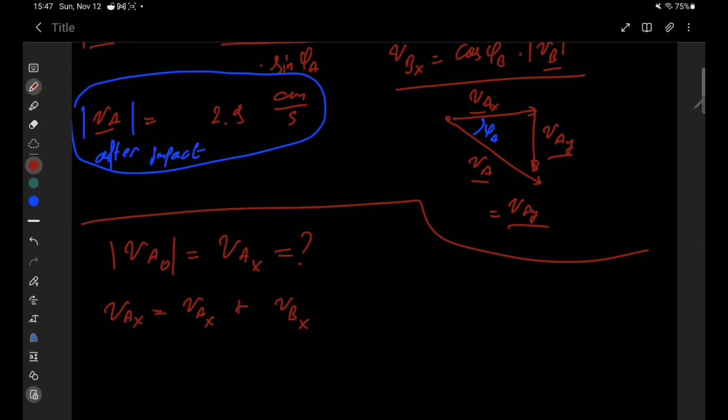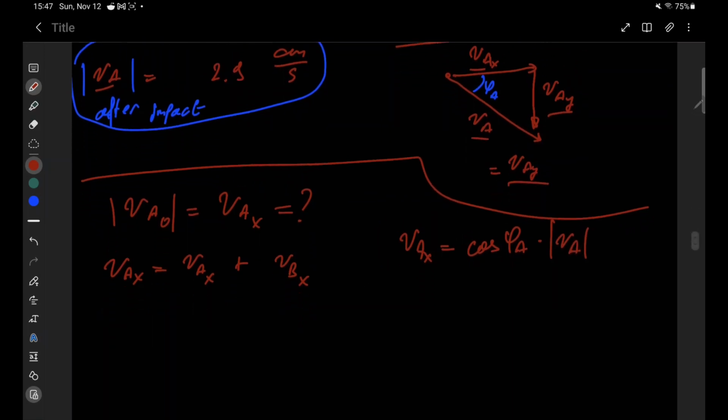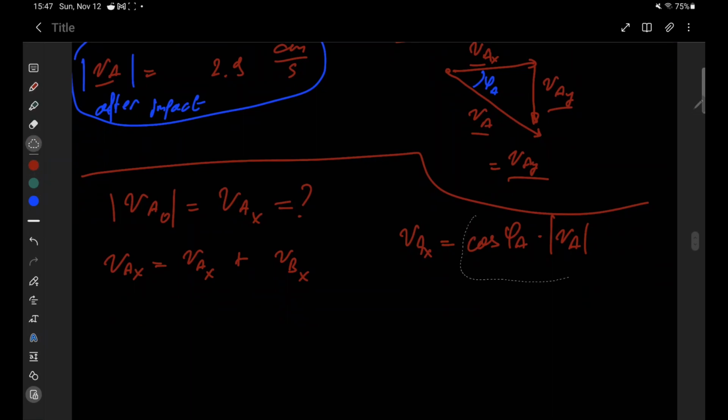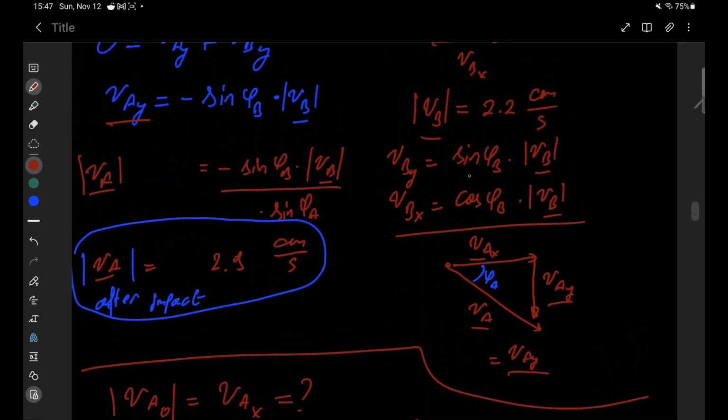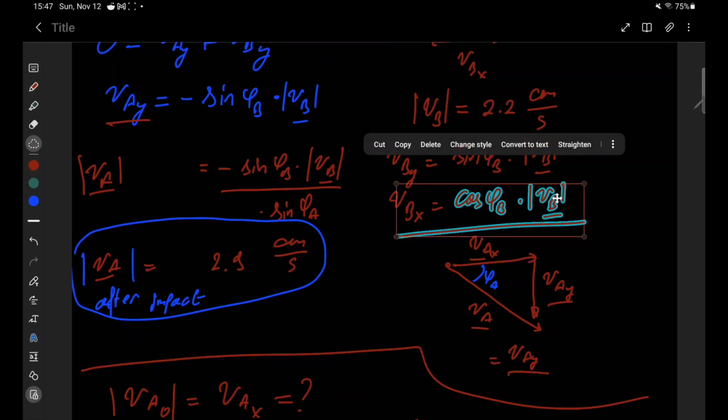VA we know the magnitude of. So VAX, written as a component, not as a vector, will be cosine of phi A times the velocity of VA. Now this is all after impact, okay? So let's just quickly steal this from here. Plus VBX. Where do we have VBX? Here. Amazing. Let's just steal it. Of course, when you're doing it on paper, you can't really steal.